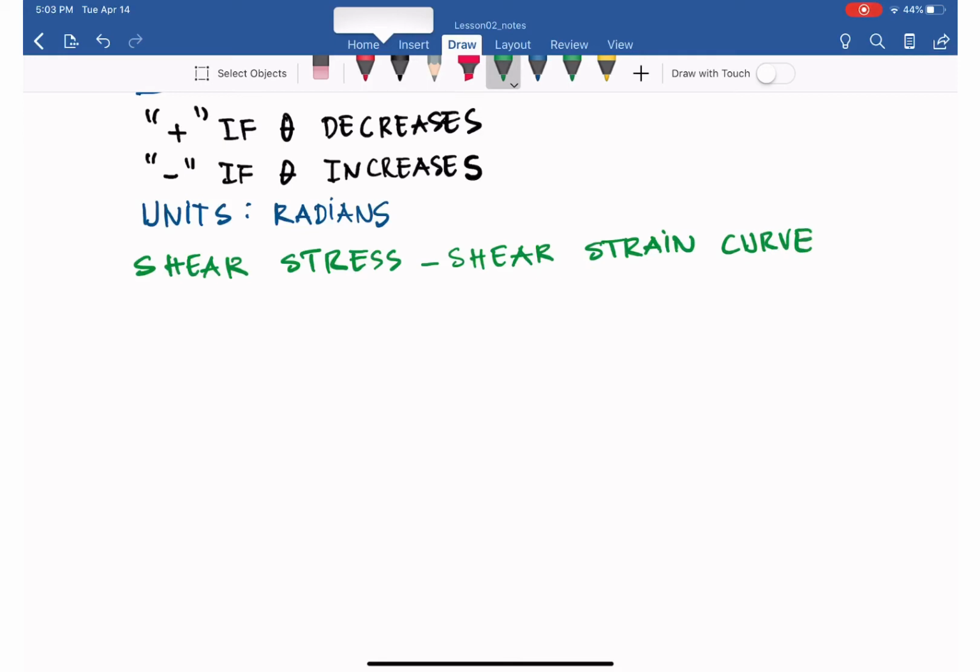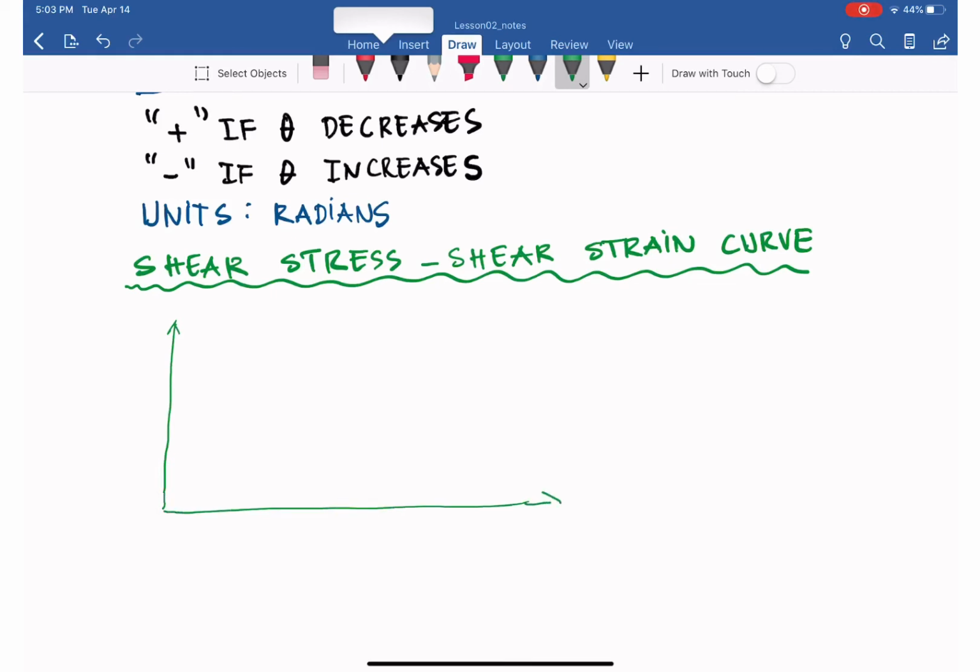Similar to the normal stress, normal strain curve, in 2D, two directions, you put here tau, which is the shear stress, KSI, and we have gamma in radians.